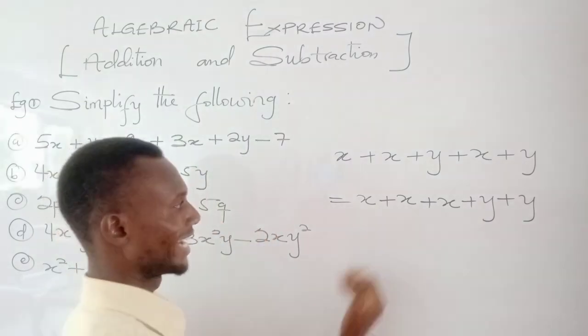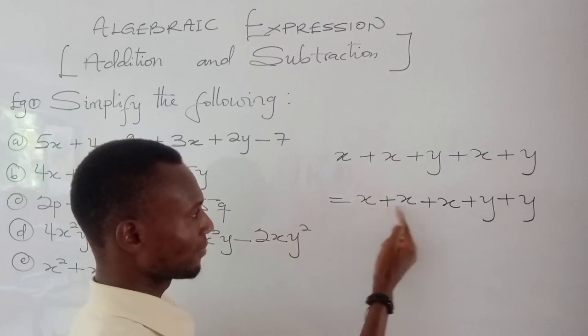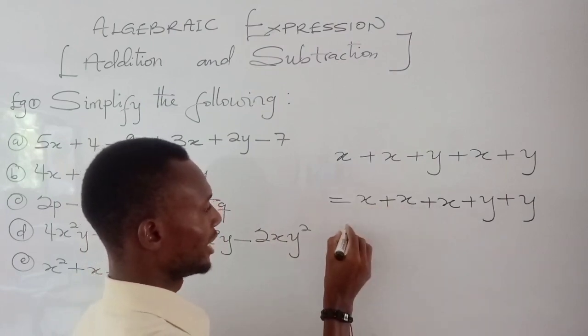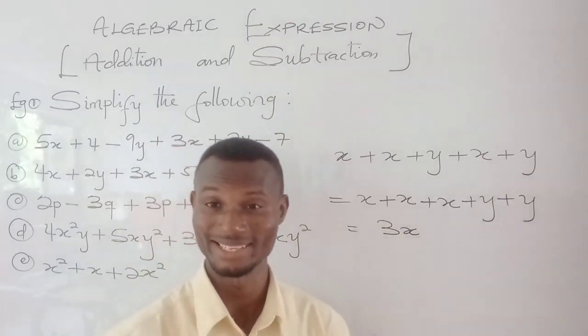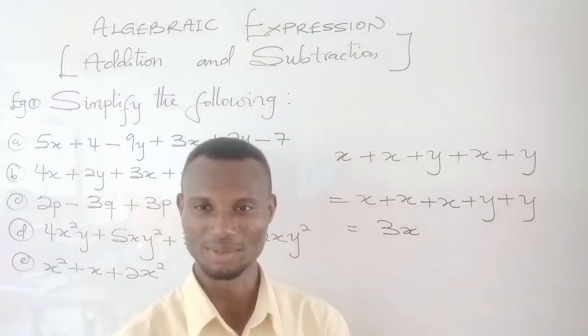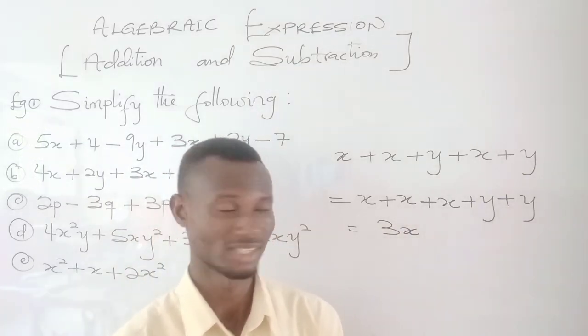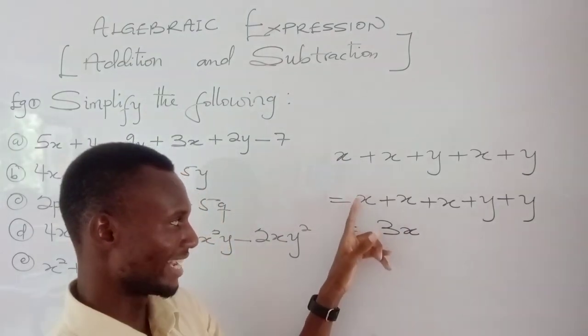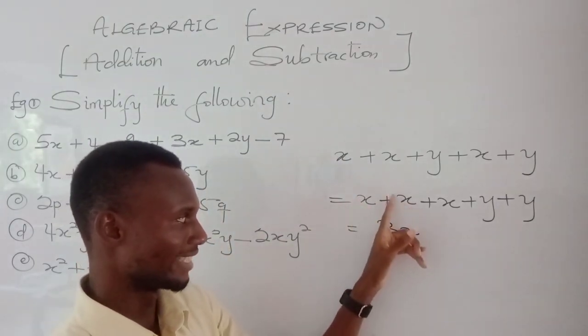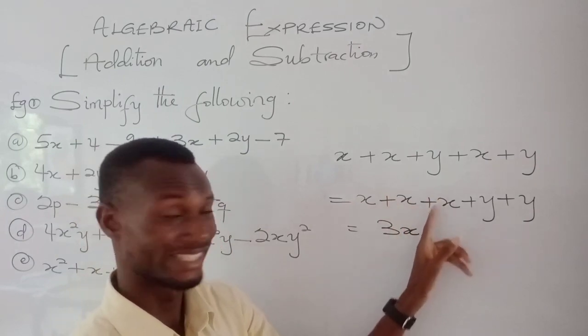So now let's go ahead and simplify. S plus s plus s is going to give 3s, and I hope you understand and you agree with me because I've explained this a lot. We deal with the coefficients. The coefficient of this s is 1, the coefficient of this s is 1, the coefficient of this s is 1.